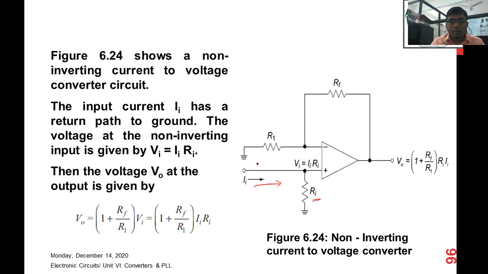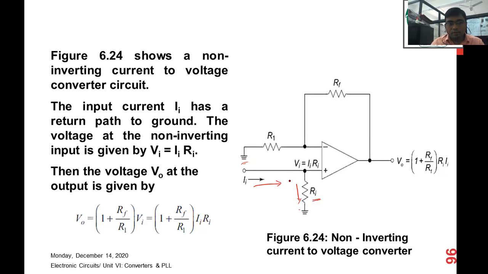The inverting terminal is connected to R1, which is grounded, and the feedback is connected to the inverting terminal. So what happens? The input current II has a return path to the ground.